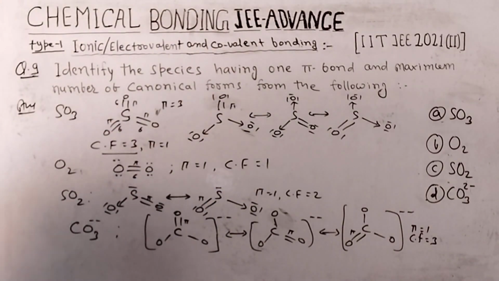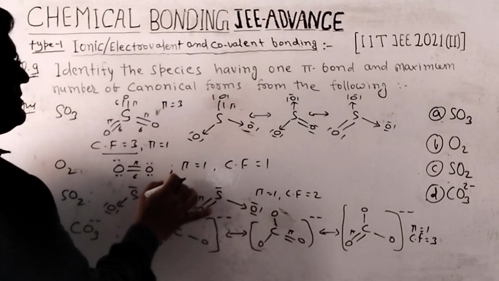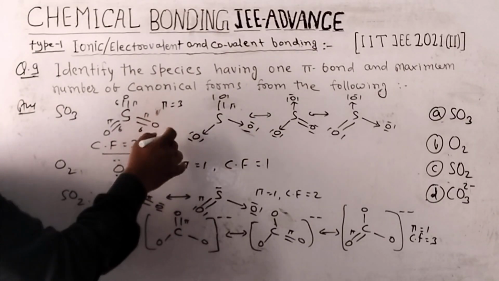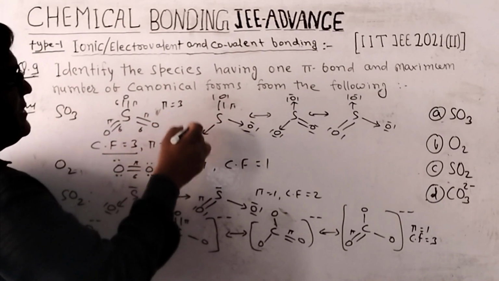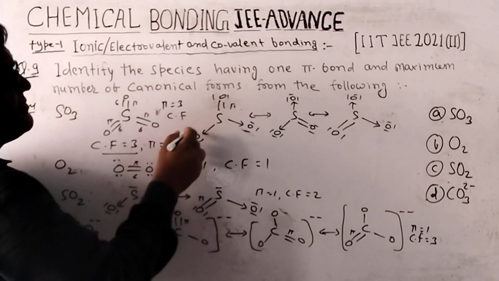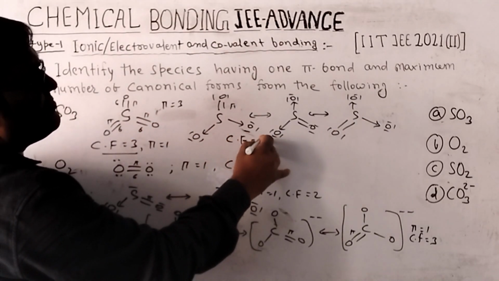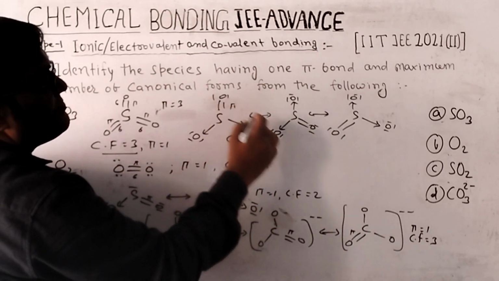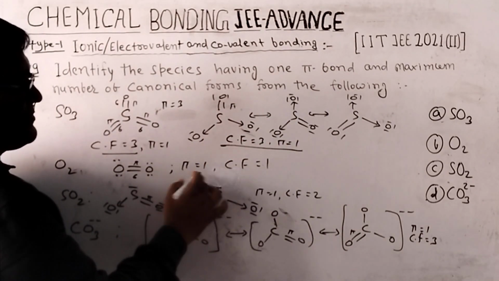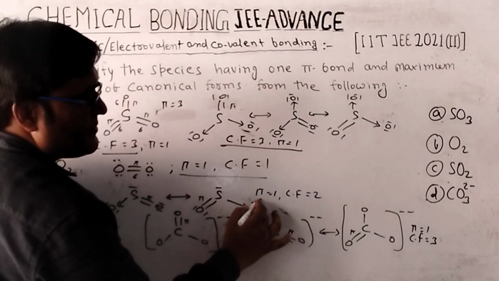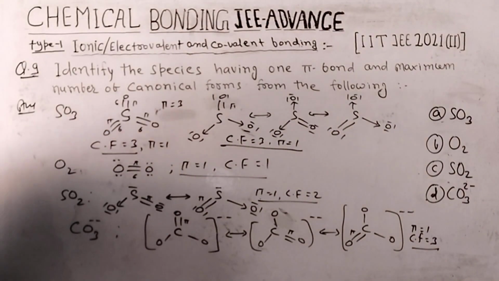Now in these options, in option number 1, canonical form CF is 3 and pi is 1, and in the second, third and fourth cases we can compare as well.